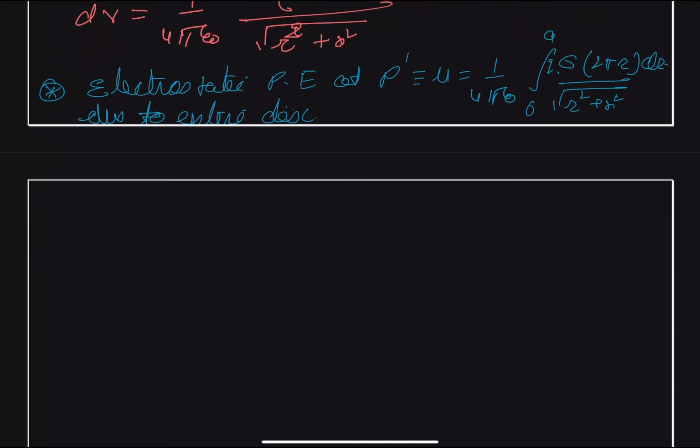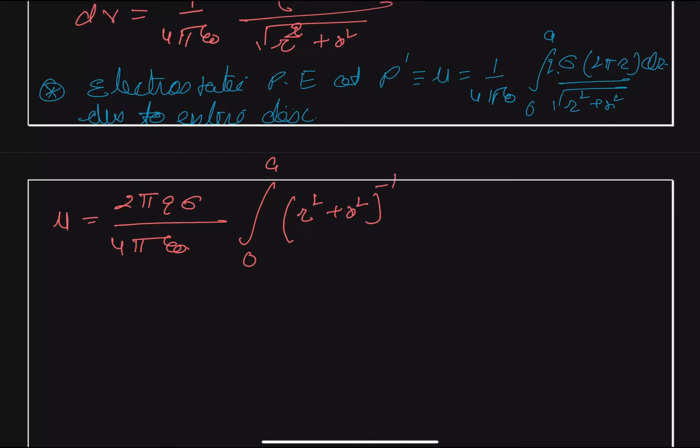So therefore we can write that our U will be equal to, we can take the rest of the things as common, and we are left with 2 pi q sigma, and this is our 4 pi epsilon naught, integral from 0 to a, of (r square plus x square) to the power minus 1 by 2, multiplied by r dr. And this integral is quite easy to solve, so we can just write the result.